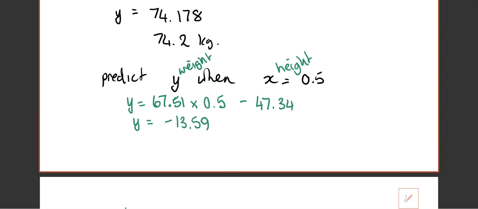I put my number in, I did it correctly, I put it all into my calculator. Everything is correct. That's not the same as making sense. Does that make sense? Yes. This answer does not make sense.